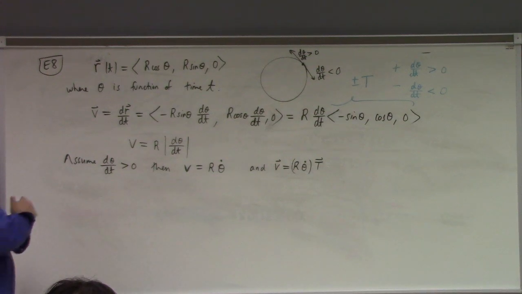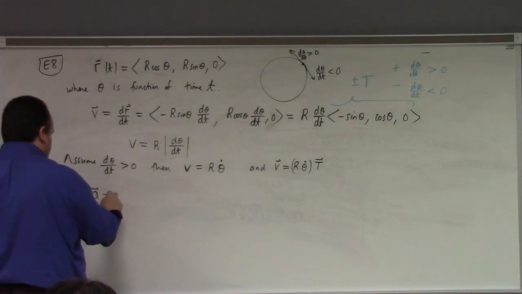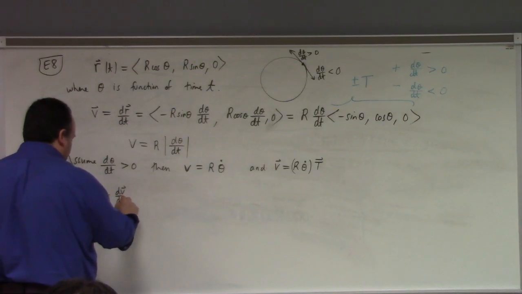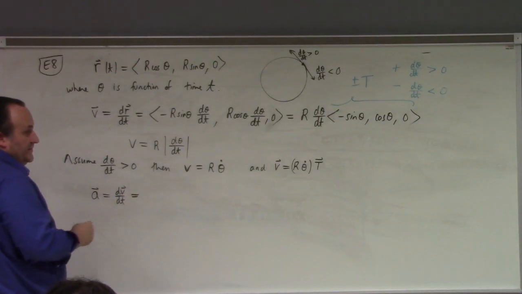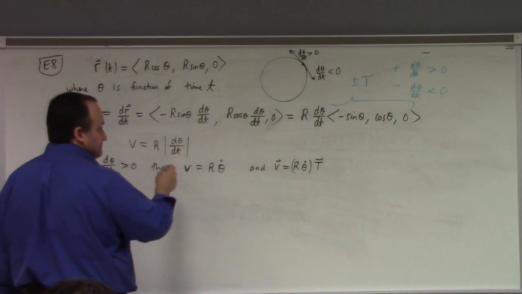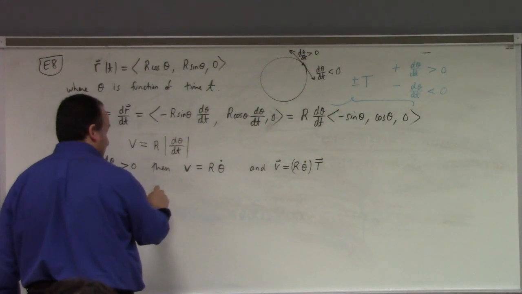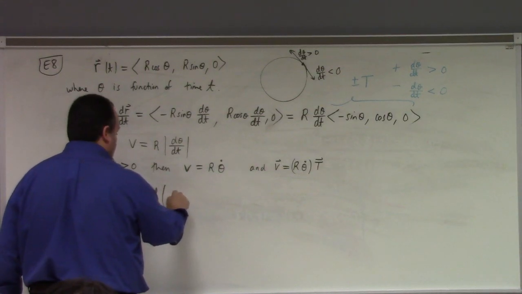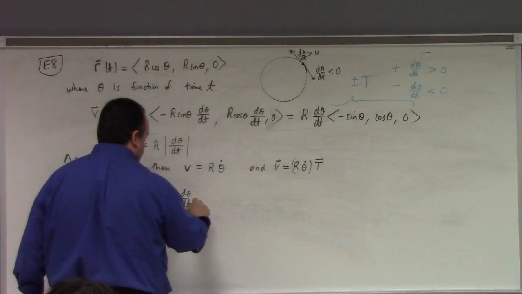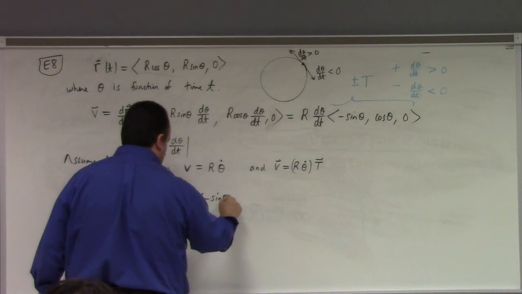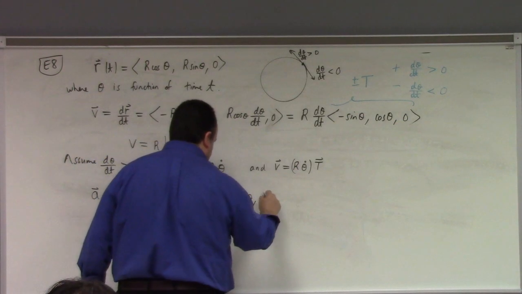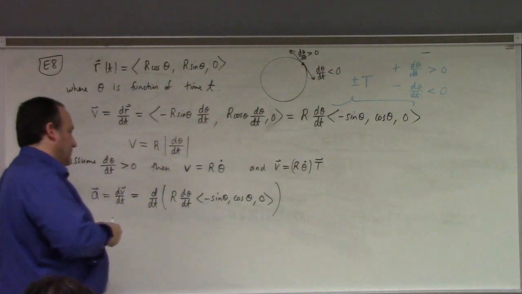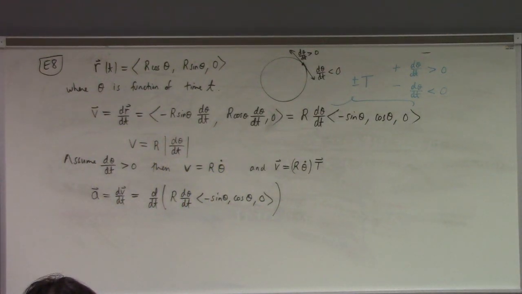And what happens when we differentiate again? dv dt, right? And what's that? Well, now we got to differentiate r d theta dt times this minus sine theta, cosine theta business, right? And what's required there is a product rule, because theta is a function of time, and d theta dt is a function of time, right?